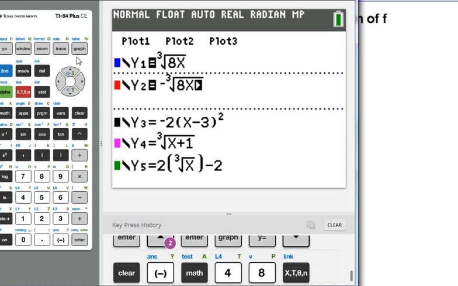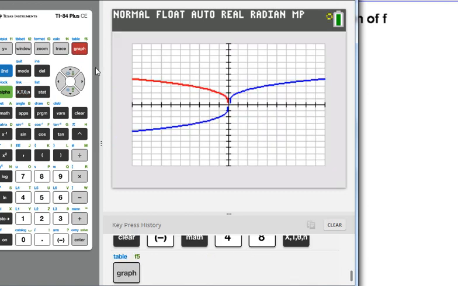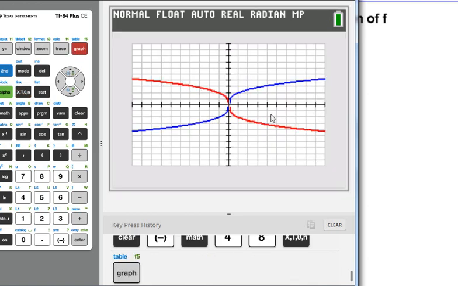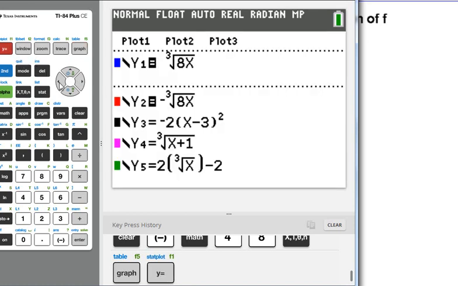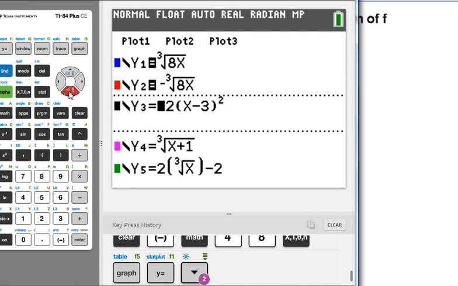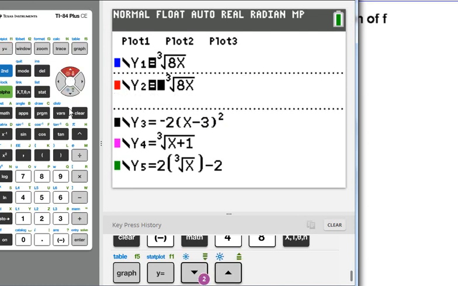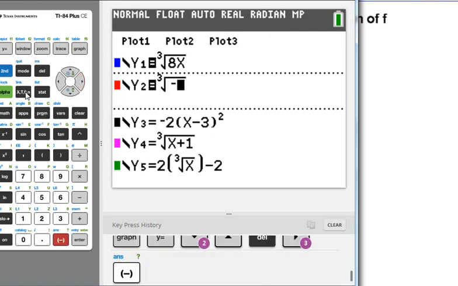So we have this looking thing here. See, that's reflected about the x-axis. Now we're going to reflect this about the y-axis. We're going to take this negative sign here, delete that, and put the negative sign inside. So I'll make this negative 8x.